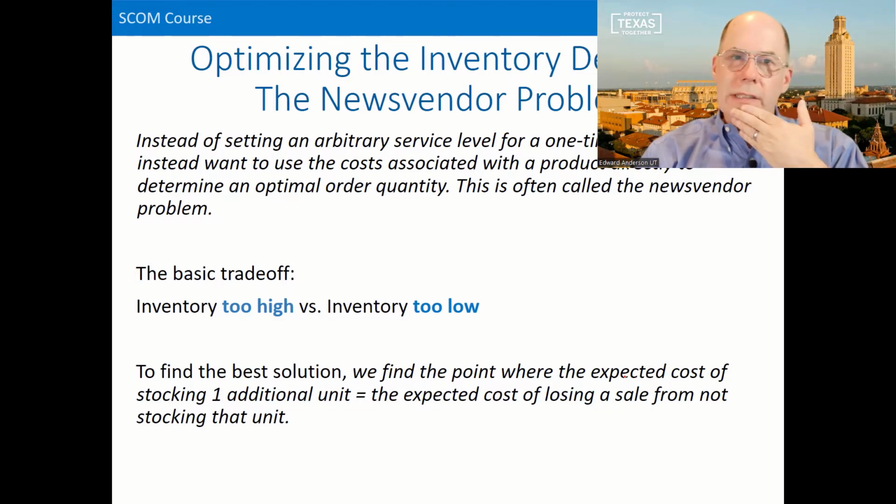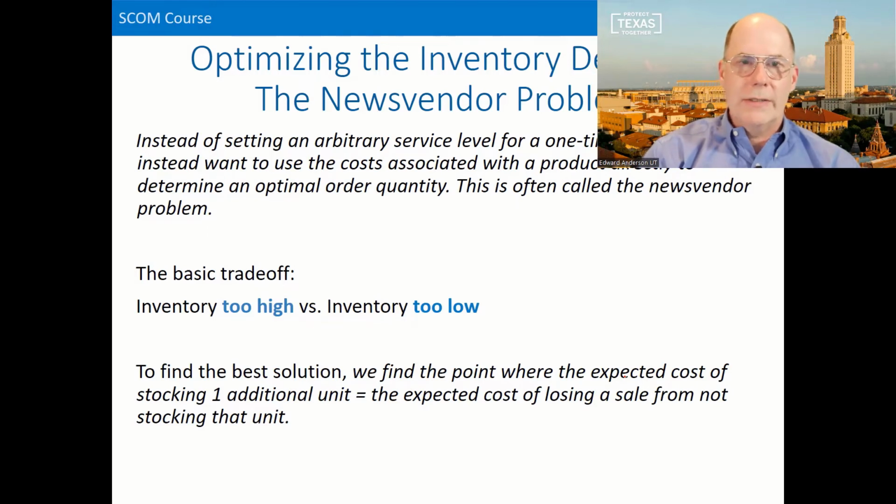It is named that because when the problem was first formulated, the example was a newsstand: how many copies of a newspaper would the person running the newsstand buy? If they buy too many, the extra ones turn into waste paper. And if they buy too few, they alienate their customers or don't make a sale.